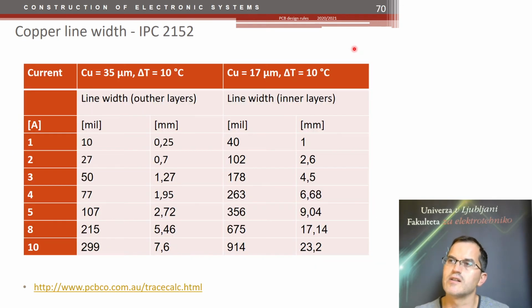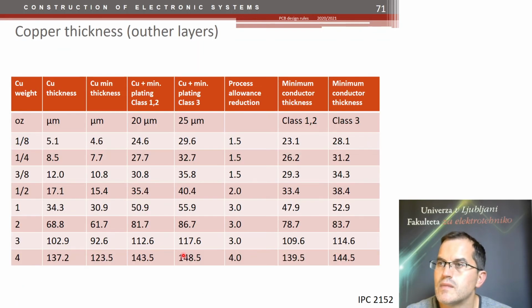So I did calculate a little bit using this calculator, and I show you a few results. And yeah, for outer layers at 10 amps, at 10 degrees difference, we get to a 7.6 millimeters wide line. Quite a lot. Now the problem is the copper thickness.